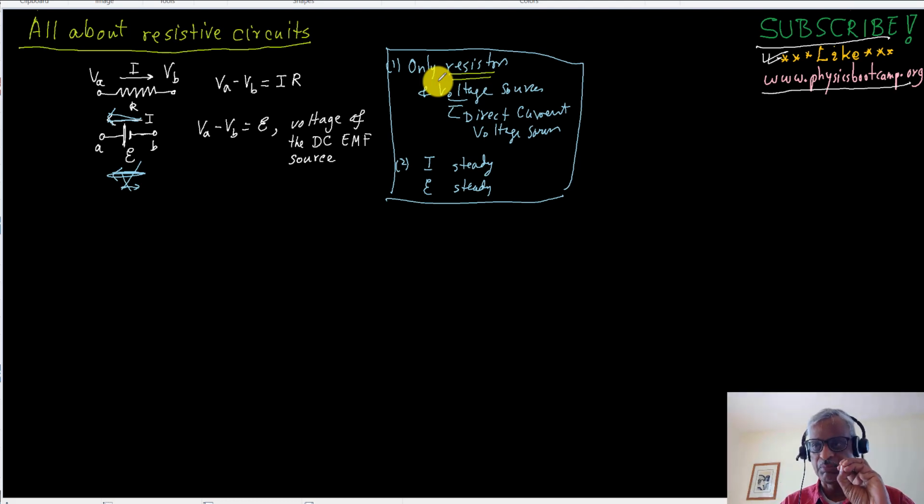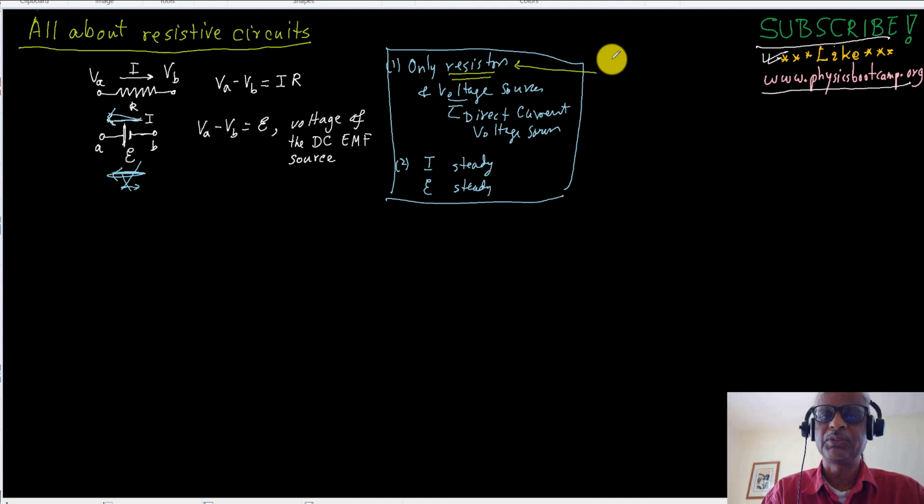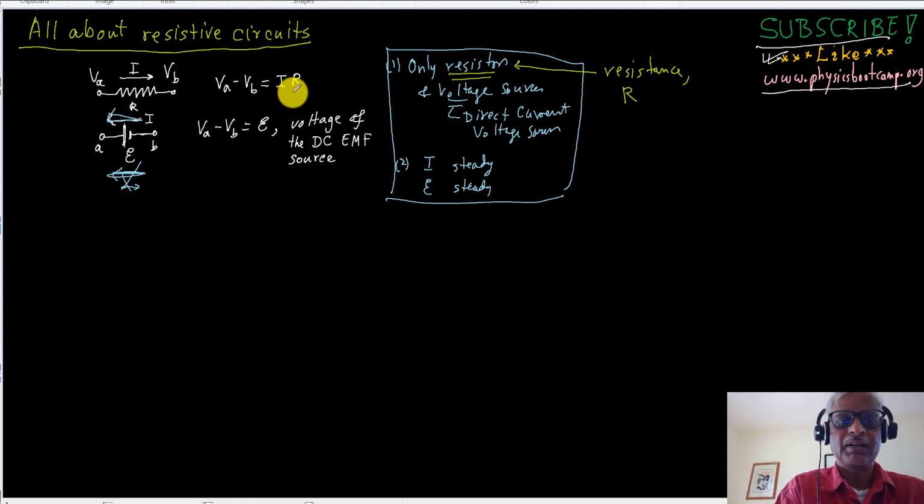You can buy resistors, resistance elements, which are specially manufactured conductors that have a specified amount of resistance. So a resistor we will just say is defined by having a property called resistance, and we'll denote it by the letter R. This is the property of resistance: if I apply a voltage difference across two ends, then a current I will flow through it and we will have this relationship. This is what you call Ohm's law.